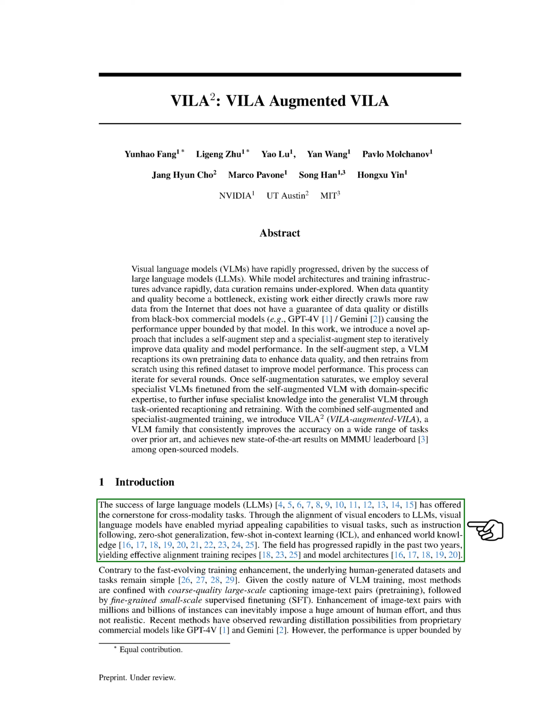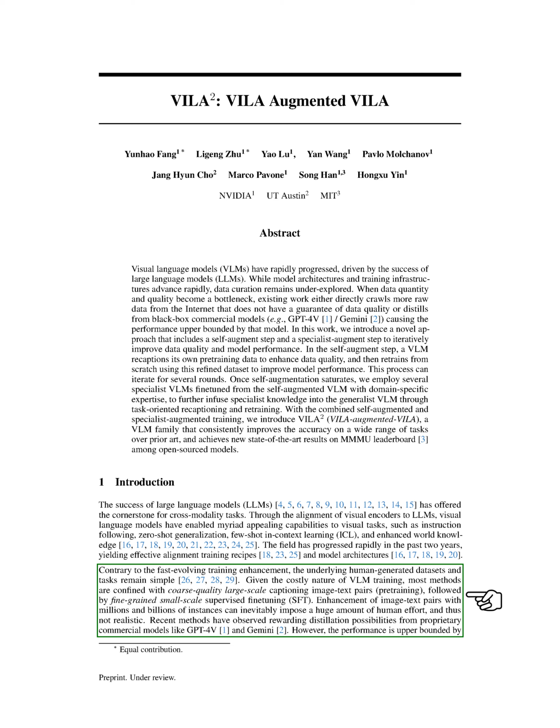model designs. However, despite these advancements, the human-generated datasets and tasks we rely on remain relatively simple. Given the high costs associated with training VLMs, most approaches use large-scale image-text pairs for initial training, which are often of lower quality.